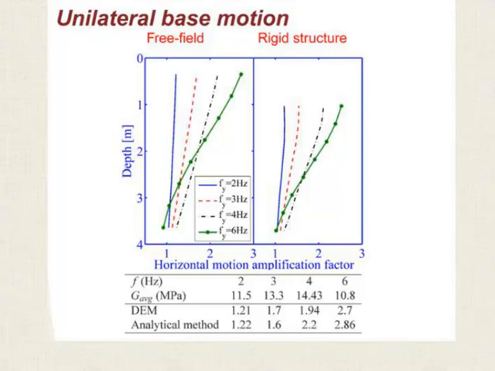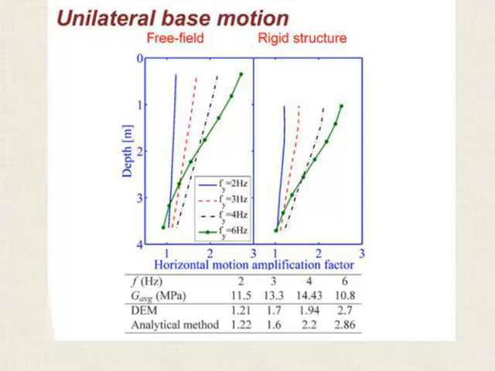So as you get closer to resonance, you get a large amplification factor. And down there is some comparison with the analytical method that I'm sure all of you, if you have Professor Steve Kramer's Geotechnical Earthquake Engineering book, can refer to and use.